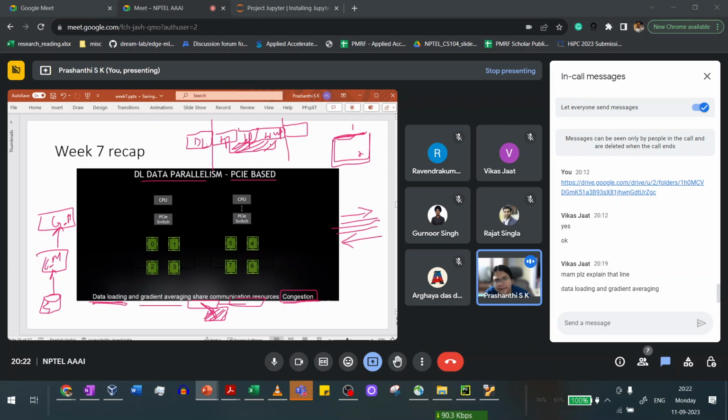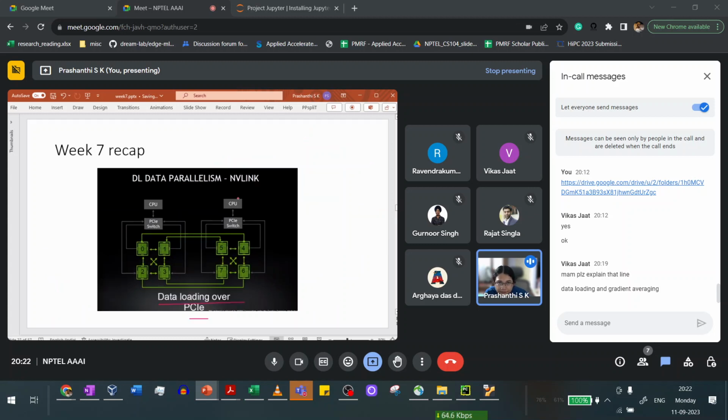Because of that, the gradient averaging, which happens somewhere here, might happen in parallel with the data loading of the next batch. Since both of them use the same PCI path, there might be congestion. That's the reason we talk about using NVLink for one and PCI for the other. Is that clear now?